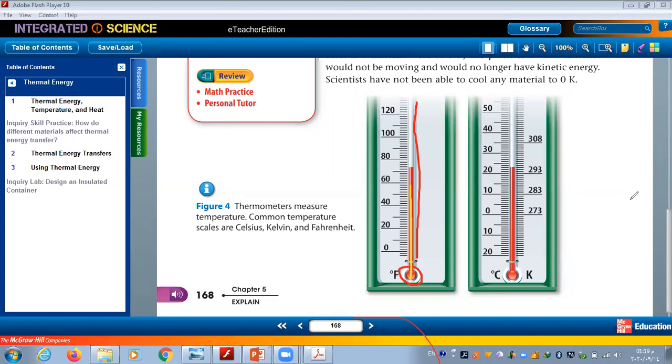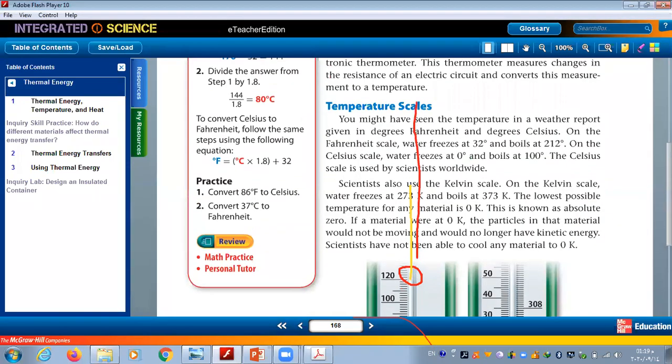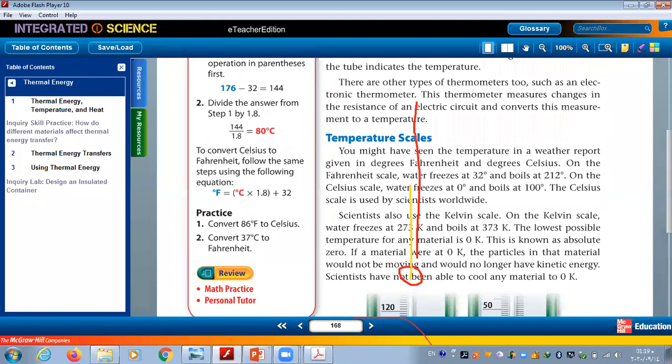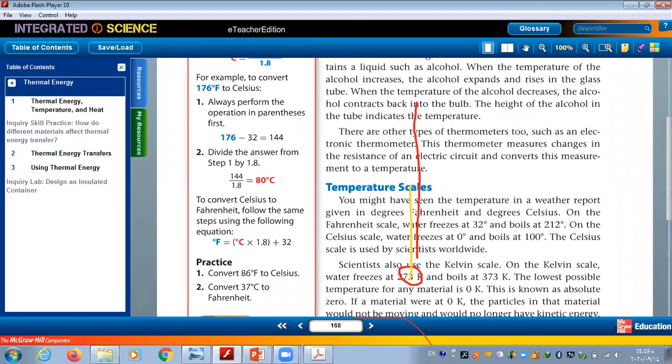Abdullah Al Afif. Can you explain the electronic thermometer? Just, how does it work? It measures the change in the resistance of an electric circuit and converts this measurement to a temperature.